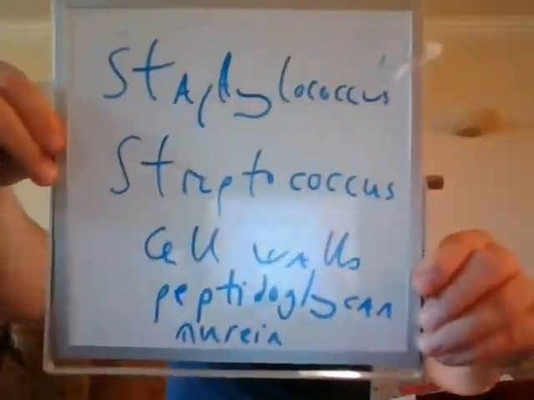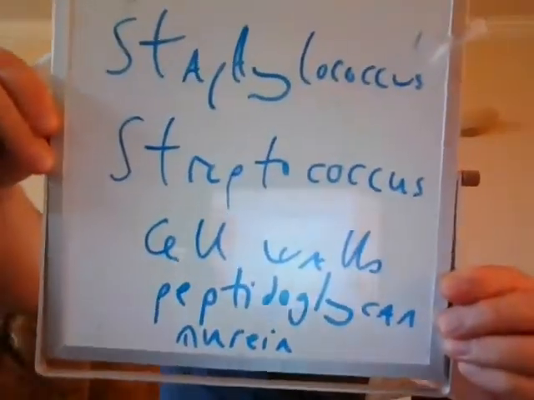Yeah, so that's what the cell walls are made of. Peptidoglycan or murein. These bacteria cell walls are in contrast to the cellulose cell walls of the plant cells. So I just thought I'd say that to you.